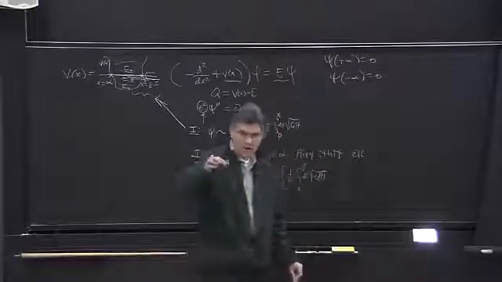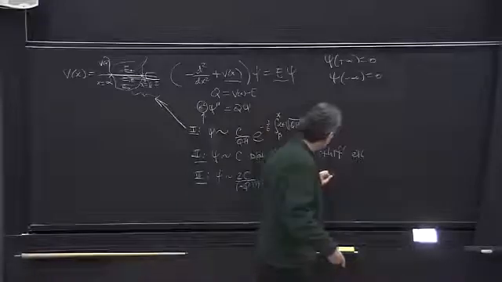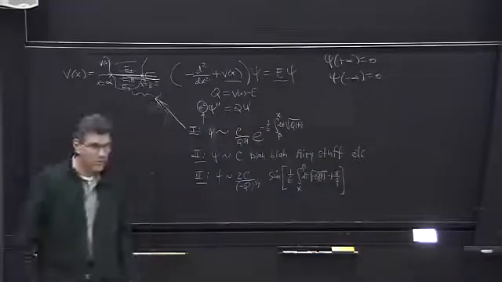But there's a phase shift. It's a particular linear combination of sines and cosines, and there's plus pi over 4. And that's the solution that we got.